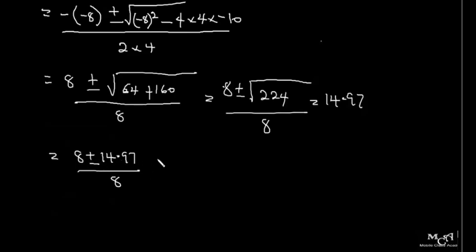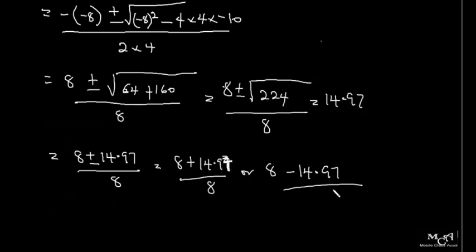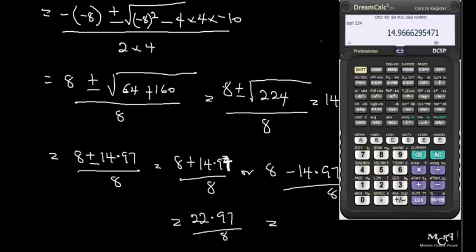Because of the plus and minus, we are going to break this expression into two, which are 8 plus 14.97 over 8, or 8 minus 14.97 over 8. This will give us 8 plus 14.97, 22.97 all over 8.